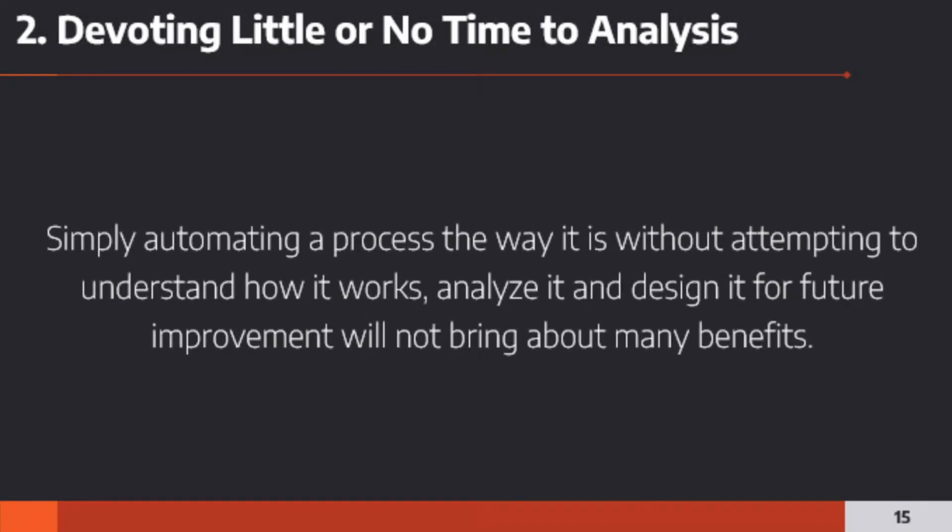So simply automating a process the way it is, without attempting to understand how it works, analyze it, and design it for future improvement, will not bring about many benefits. Okay? So you need to understand how the process works. You need to analyze how the process works.